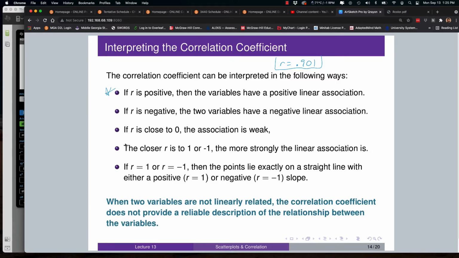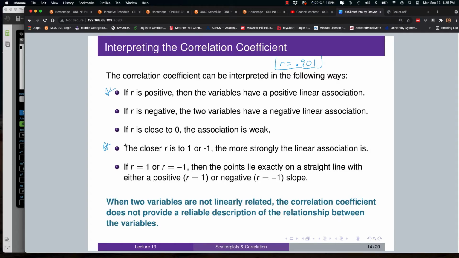If R is very close to 0, then the association is weak. But 0.901 is way closer to 1 than it is to 0, so we don't have a weak association here. The closer R is to 1 or negative 1, the more strong the linear association is.